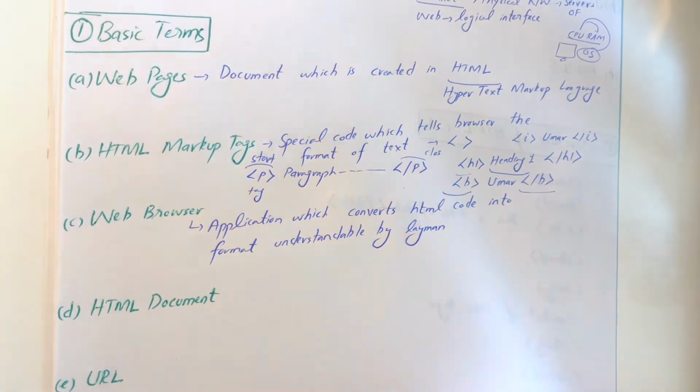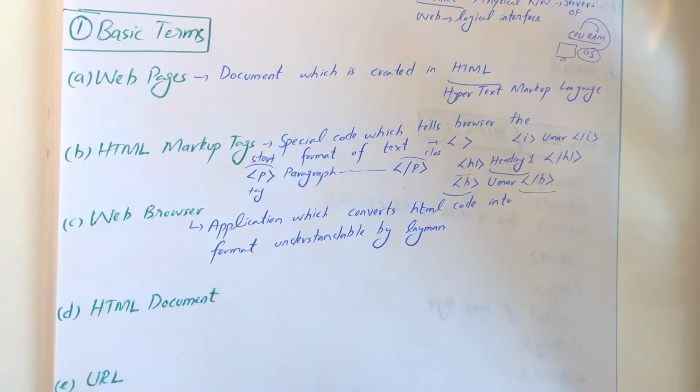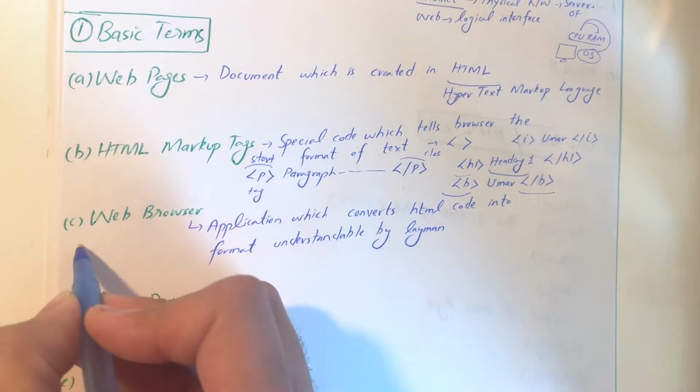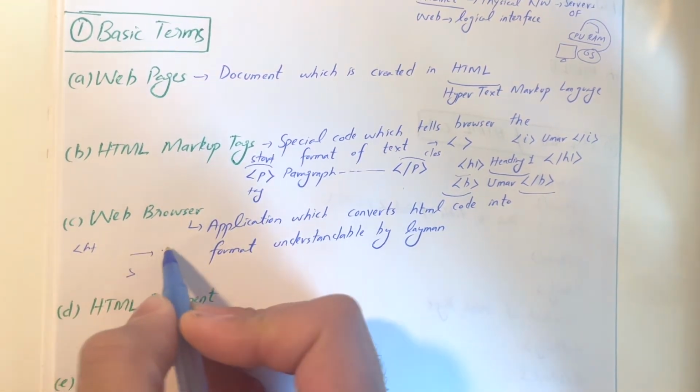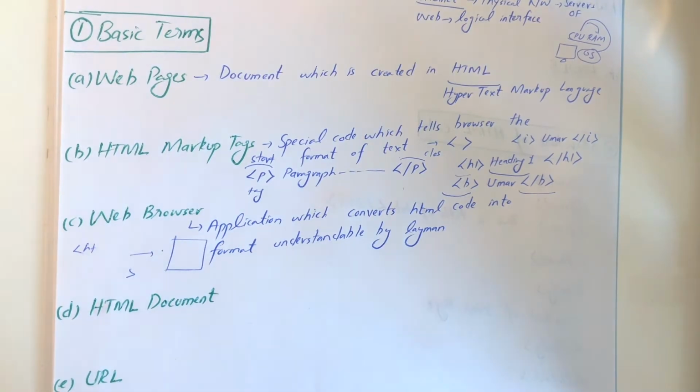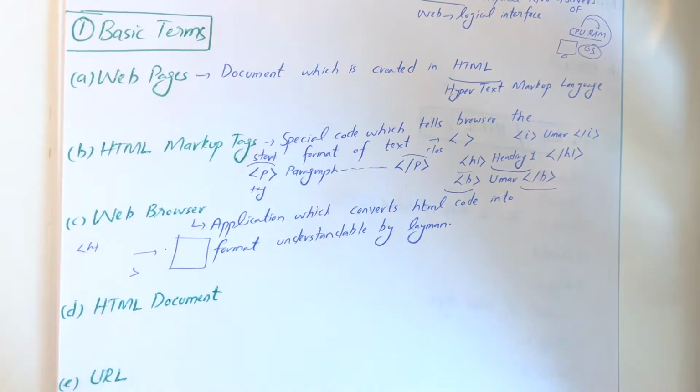A layman who doesn't understand HTML coding: on the back end there would be HTML code, and when the browser gets the HTML code, it will display a web page. We'll see that. This is basically what a browser is.